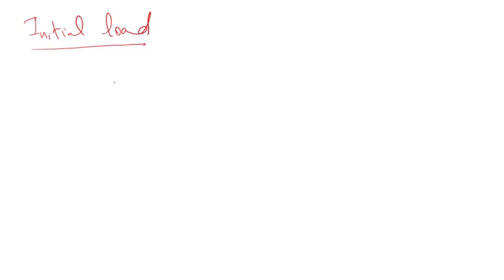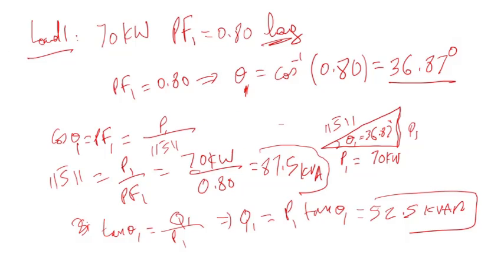So if I do it in terms of load 1, P1 is 70 kilowatt and Q1 is 52.5 kvar.